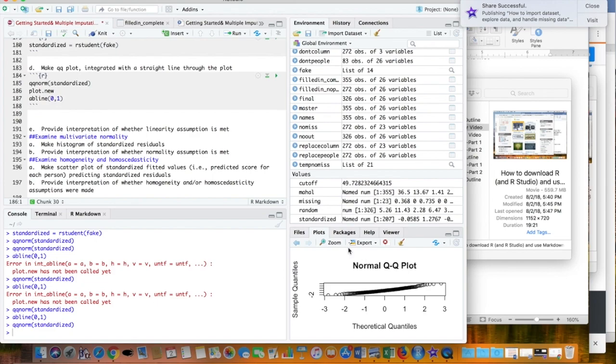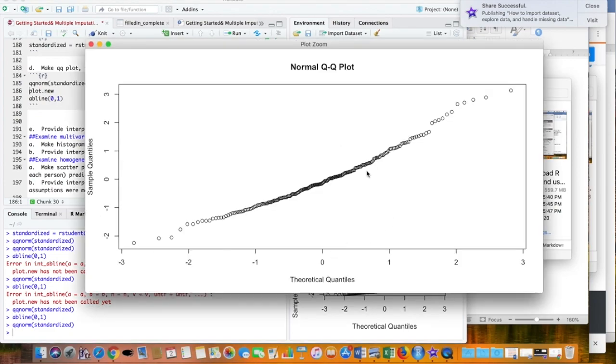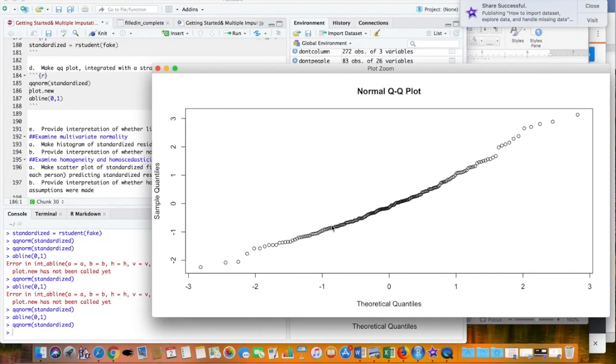So this is the QQ plot, and you can zoom in right here. Basically, what we want is for these standardized values to be pretty much in a straight line, especially the ones that are between 2 and -2 in terms of their standardized values.